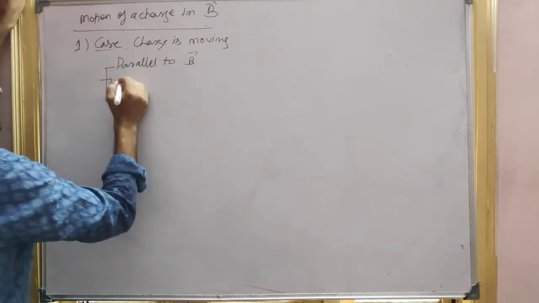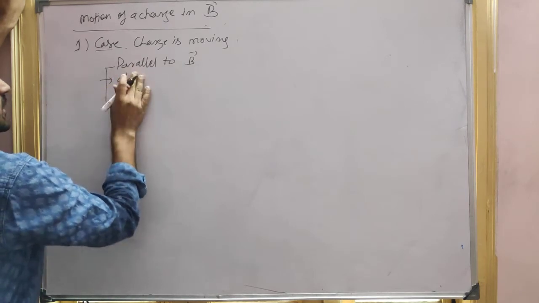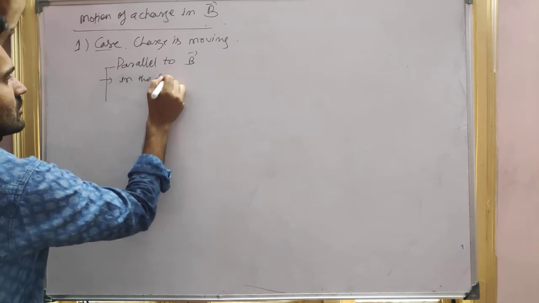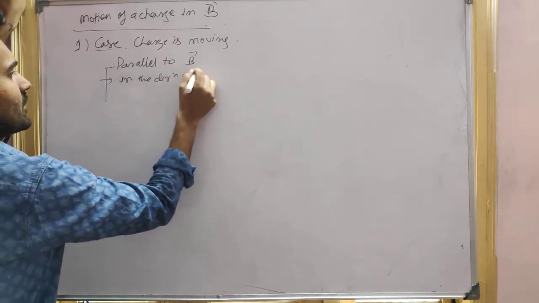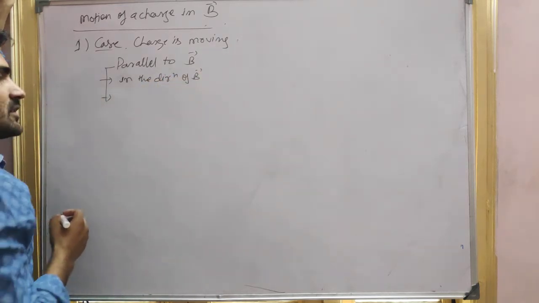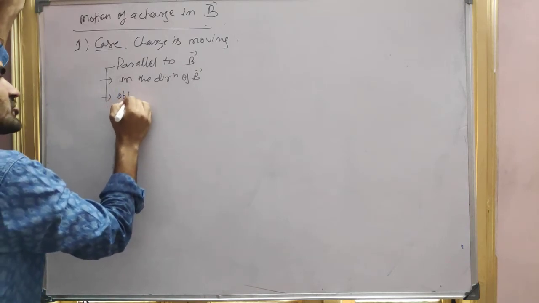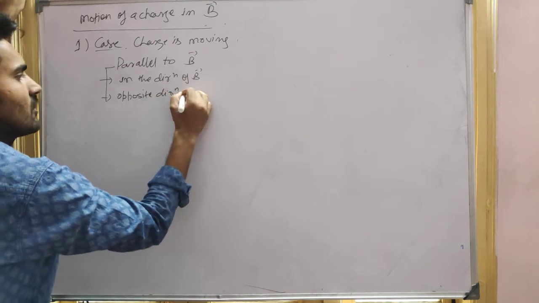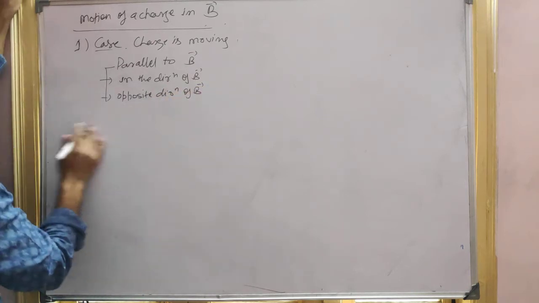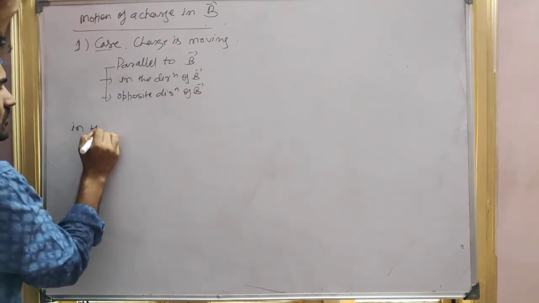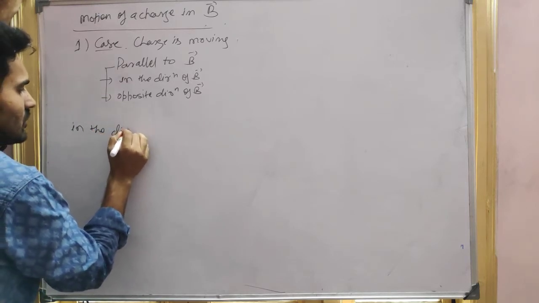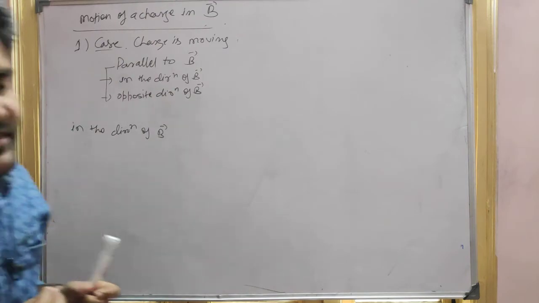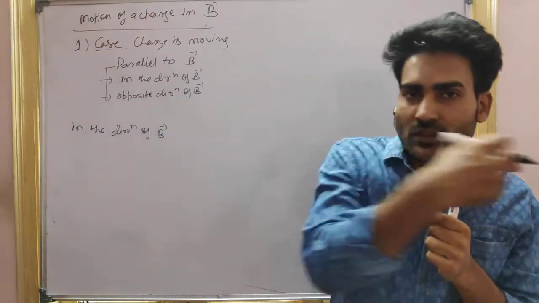Either it can be along the direction of B, or it can be in the opposite direction of B. So let's take the charge moving along B.